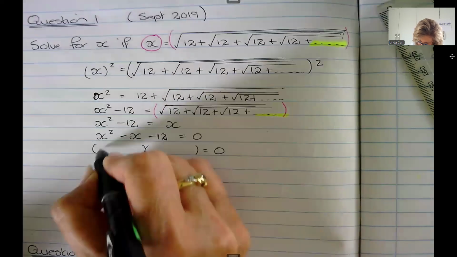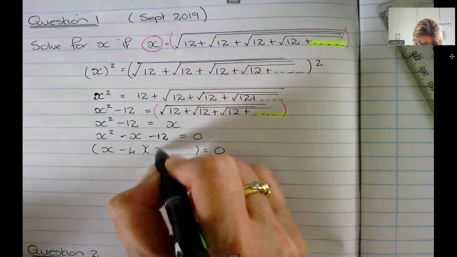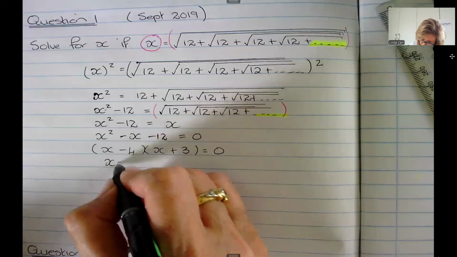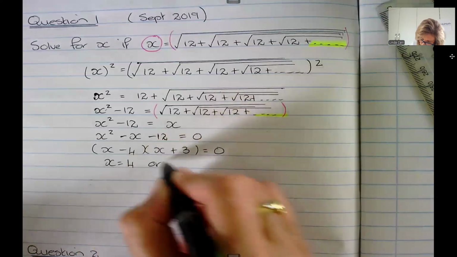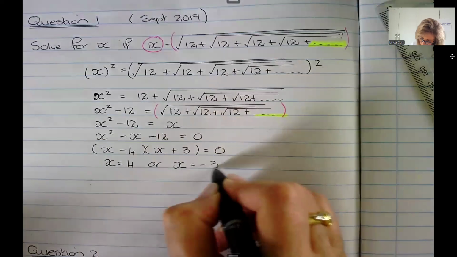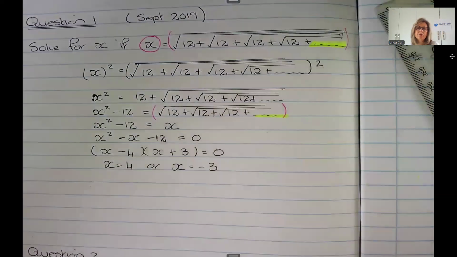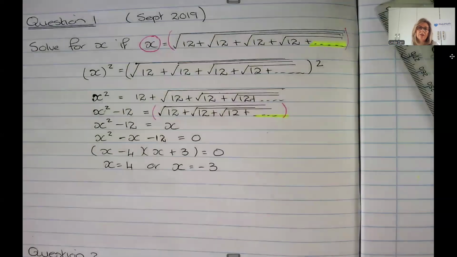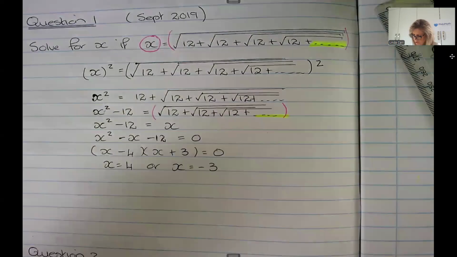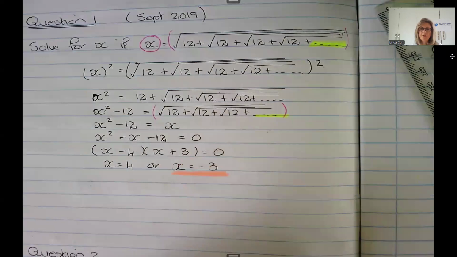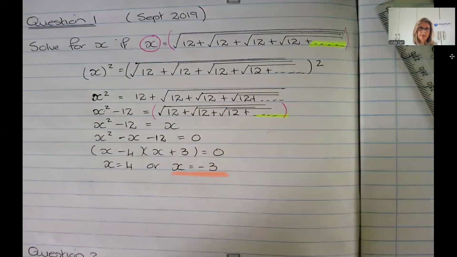I'm assuming that you can factorize a quadratic. And so x is equal to 4 or x is equal to -3. Now, because we squared both sides and turned it into a quadratic, we've actually got to check our answers. If we check this one, can you see that it tells us that x is a negative number?